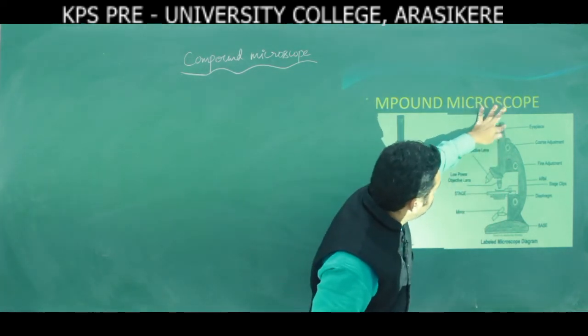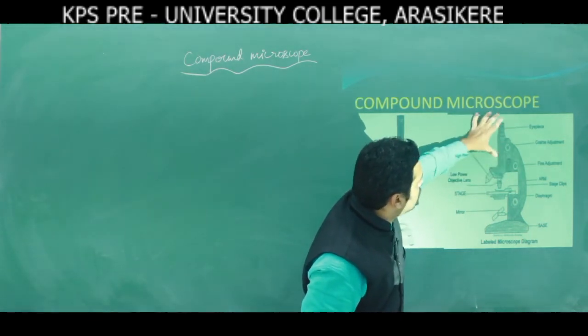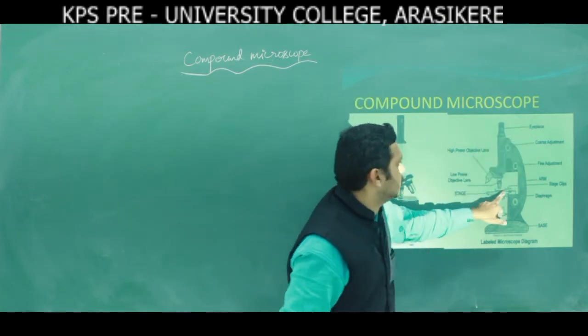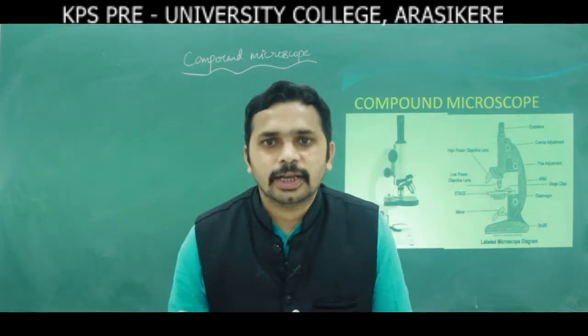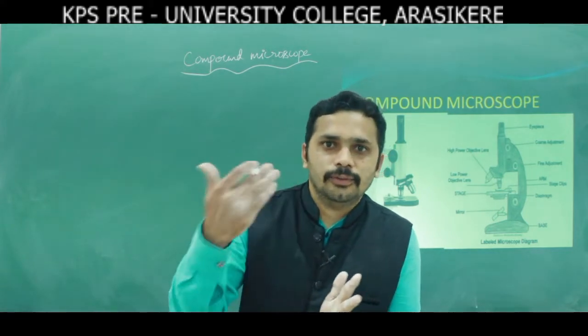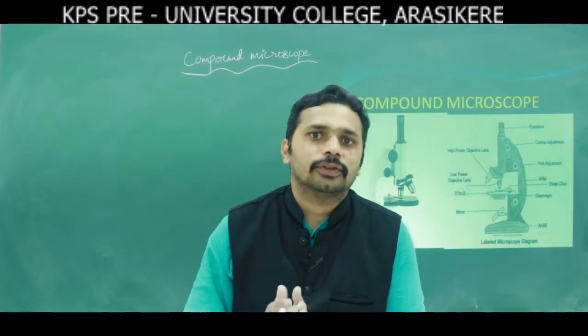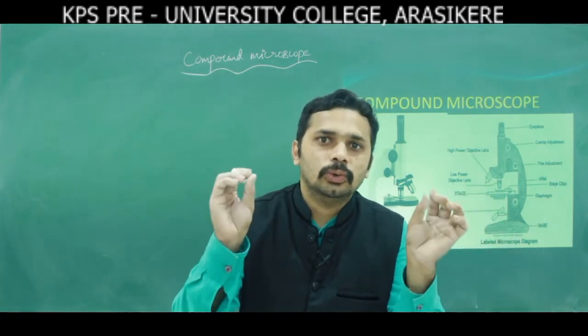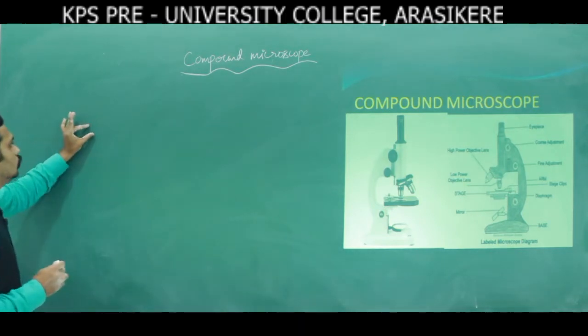Know that one tube is there. See the tube. At the two ends of the tube, one is the eyepiece lens and one is the objective lens. So to increase the magnification, the visualizing angle and the quality of the image, you have to use two lenses.